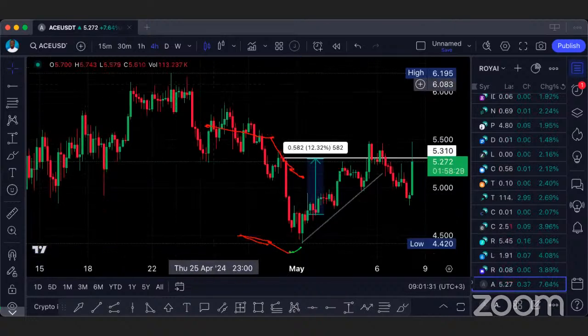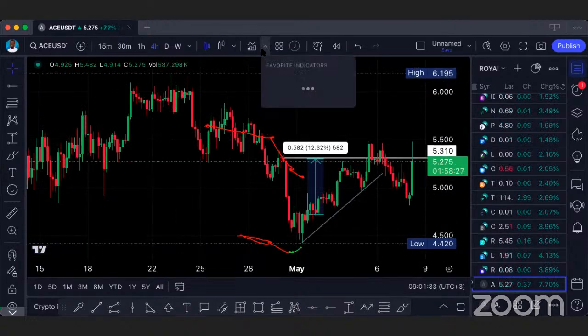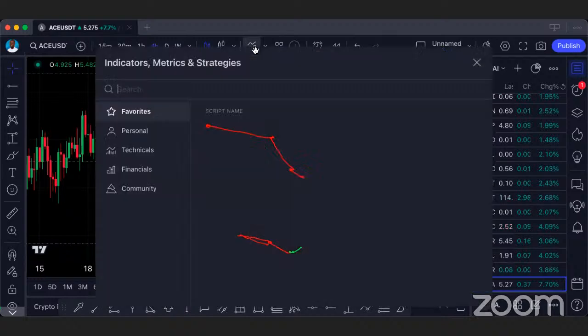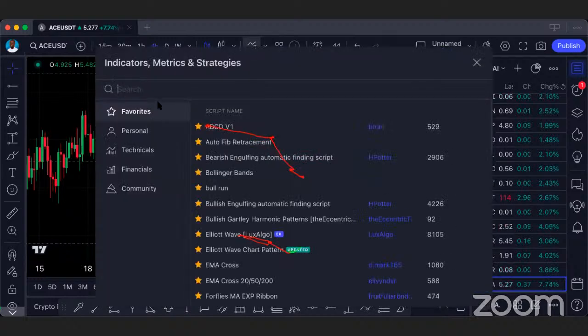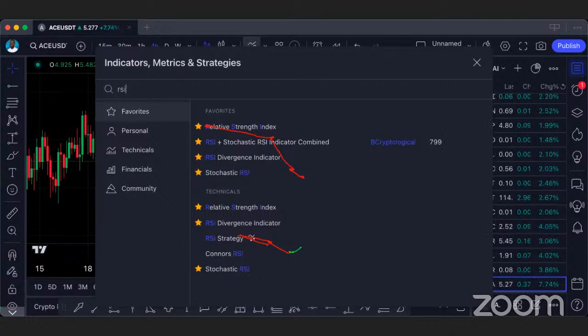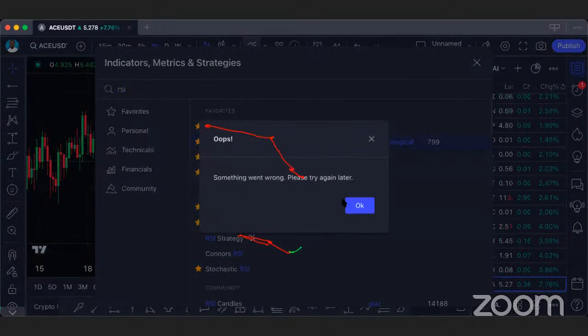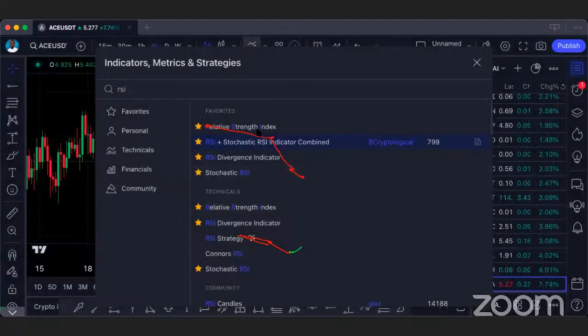Let me see how that looks. Guys, they said something, RSI indicator. Something went wrong. So I will die on mine.